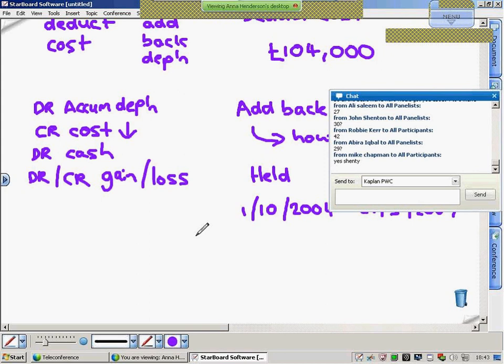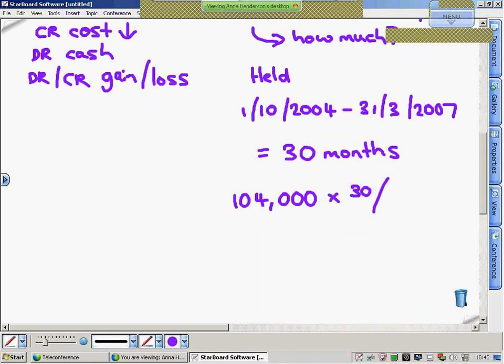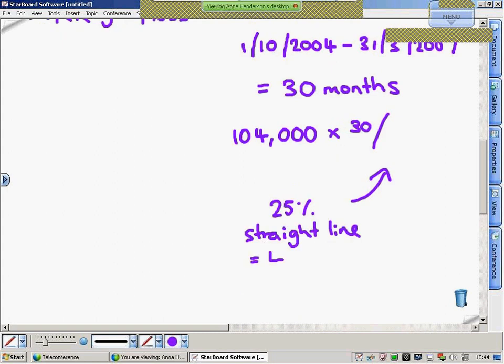We've been charging depreciation on 104,000 for 30 months. We know we depreciate machinery at 25% straight line, which is essentially the same as saying we're depreciating it over 4 years.